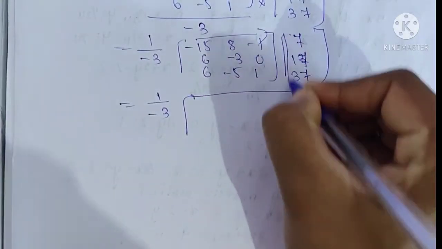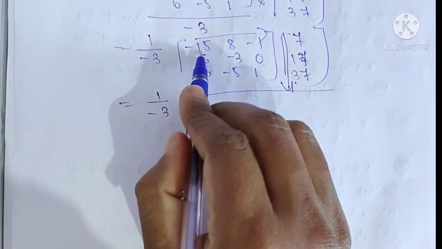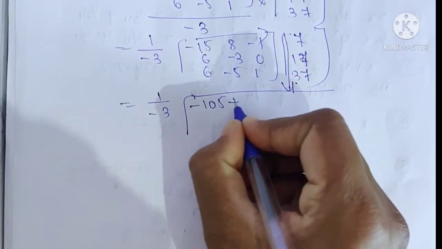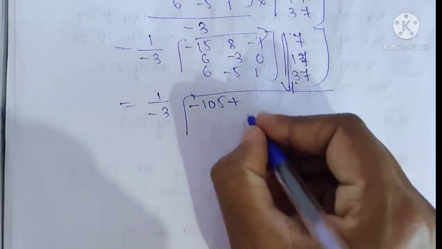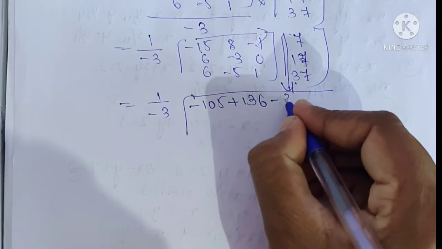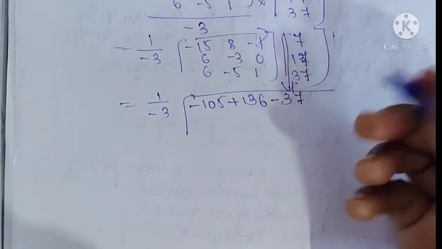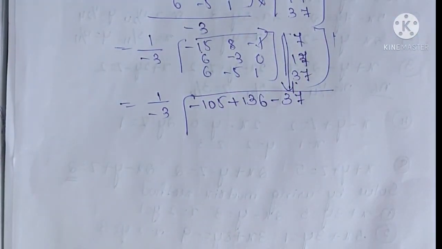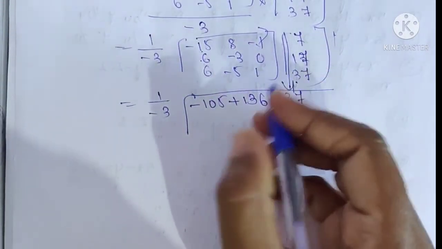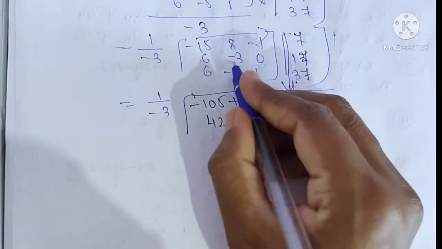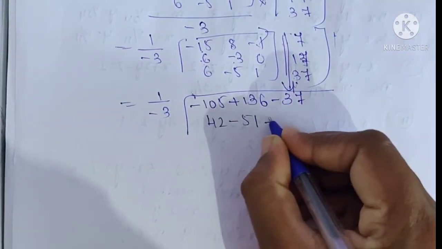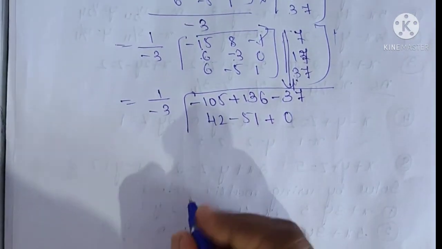First row, first column: minus 15 into 7 is minus 105, plus 8 into 17 is 136, minus 1 into 37 is minus 37. Here there are no other columns. Next, second row, first column: 6 sevens are 42, minus 3 into 17 is minus 51, plus 0 into 37 is 0.